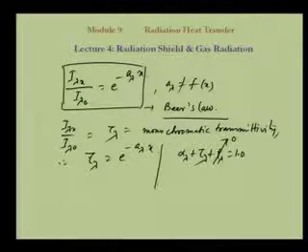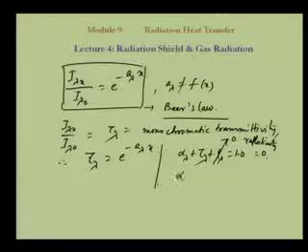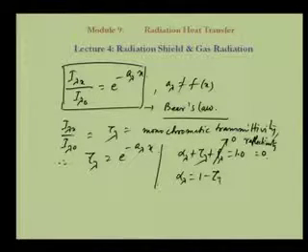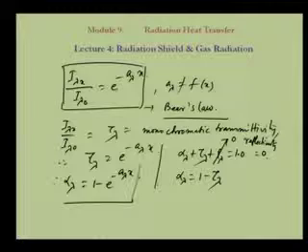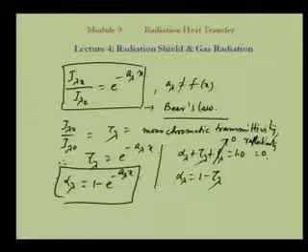So reflectivity is equal to 0 for the gaseous. Then we can write alpha lambda is equal to 1 minus tau lambda, that we know. So alpha lambda is equal to 1 minus e to the power minus a lambda into x.